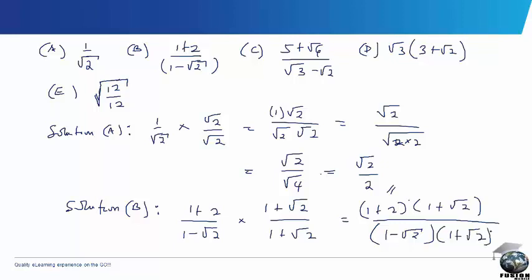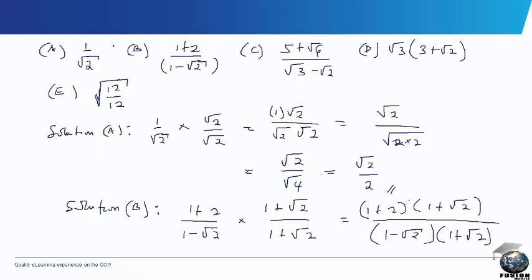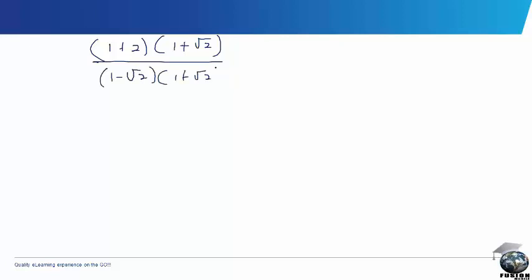Alright, and so we'll carry out that multiplication. I think it's better here: 1 plus root 2, 1 plus root 2, all over 1 minus root 2 and 1 plus root 2. I think that's right. Fine.